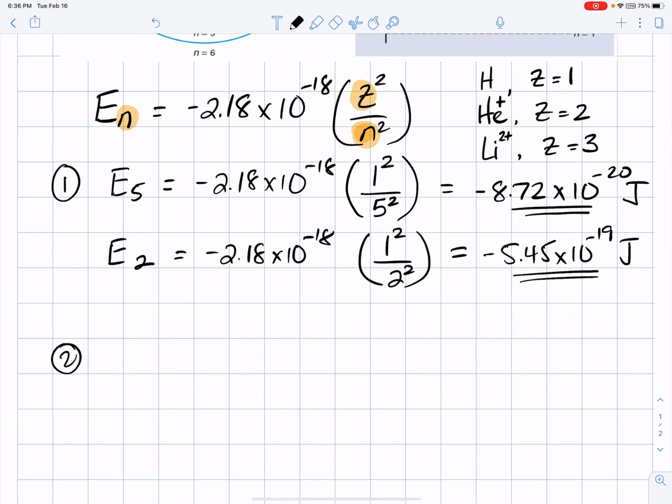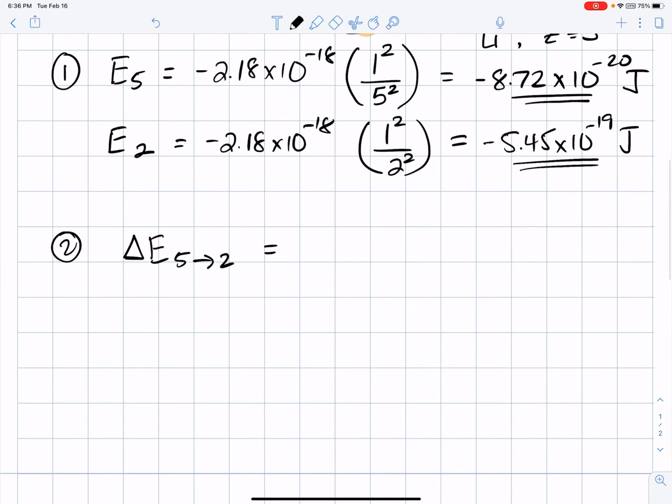Step 2, let's calculate the change in energy as we go from level 5 down to level 2. So delta E from level 5 to level 2. When you calculate a change in anything, whether it's chemistry, physics, or math, take the final situation, the final level, and subtract the starting level. Final minus initial is always what the change is given as.